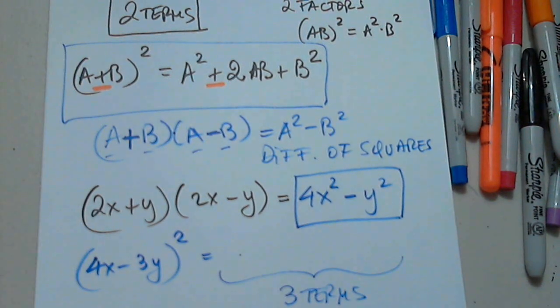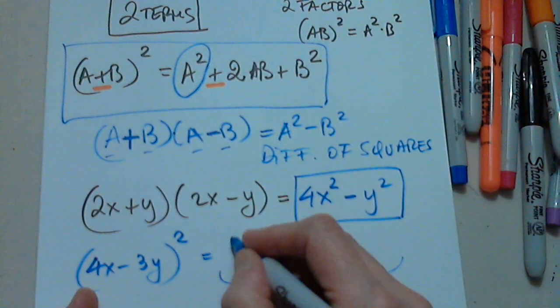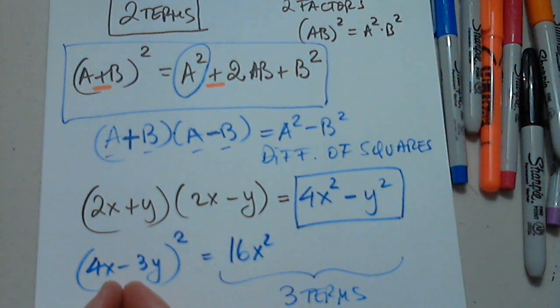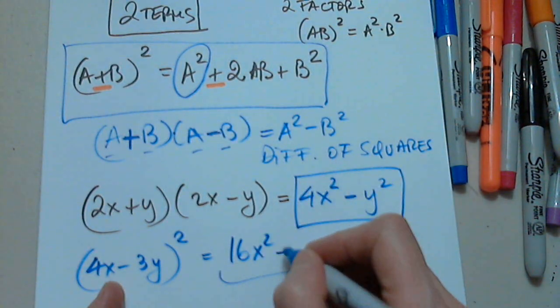So please give me the first term. 16x squared. Yes, because we have to square the first term. When we square the first term, we get 16x squared. Because the binomial has minus between the first and the second terms, I have to copy negative.